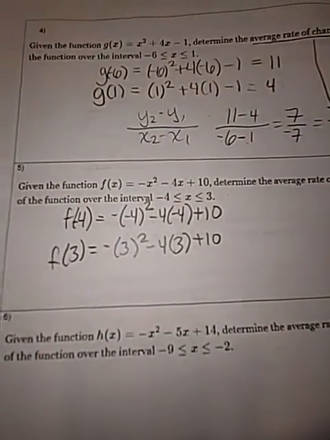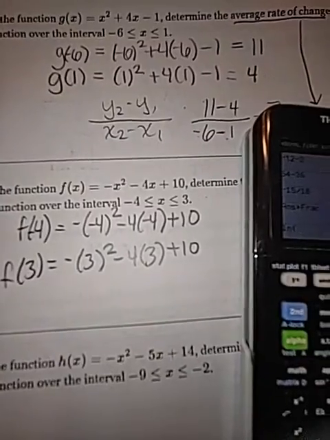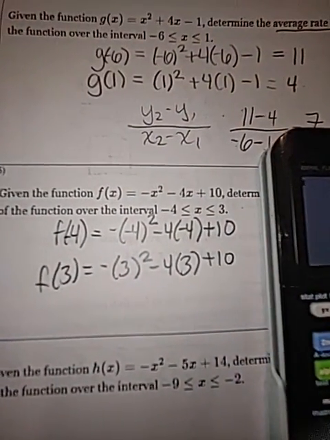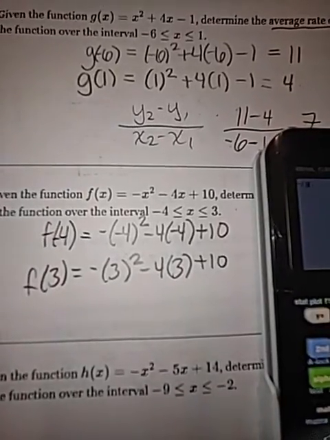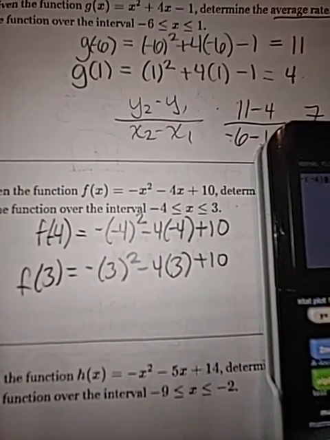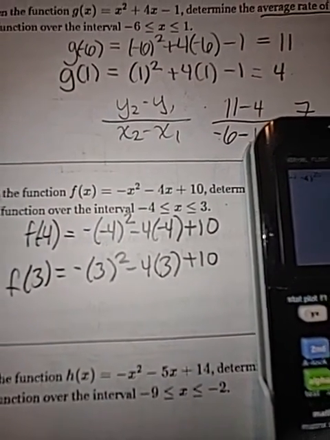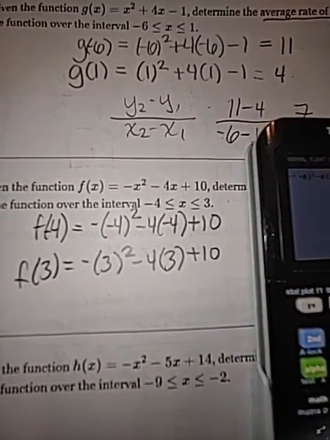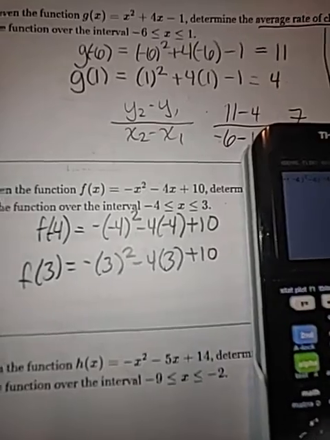So 2 different ways to get your y values here. You can evaluate this. So you can type in negative times negative 4 squared minus 4 times negative 4 plus 10.